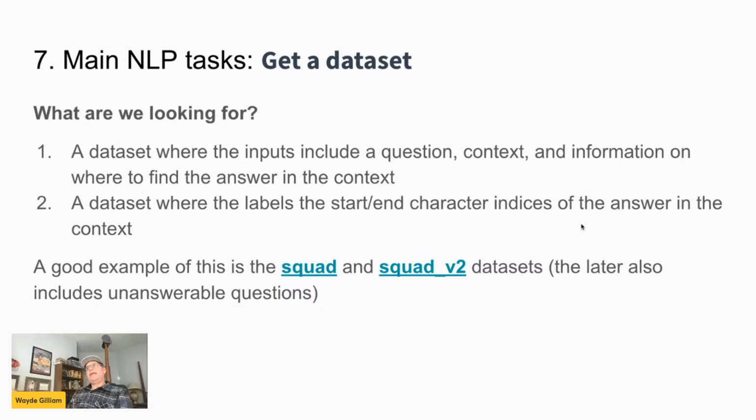Okay, so let's get into extractive question answering. We'll look at pre-processing a little bit more since it's more critical here. For extractive question answering, we are looking for a dataset that includes a question, a context, and information about where to find the answer in the context.